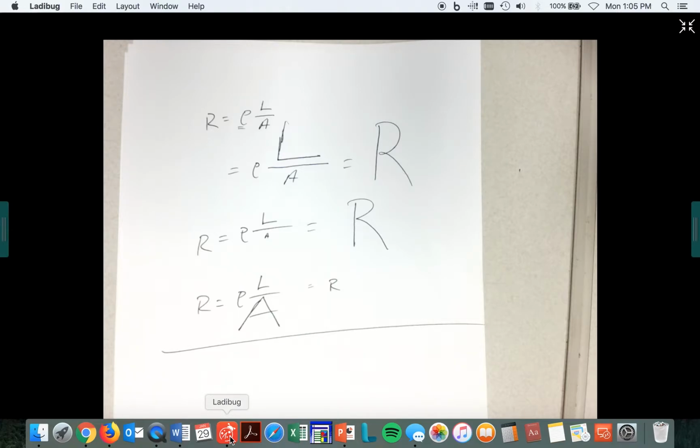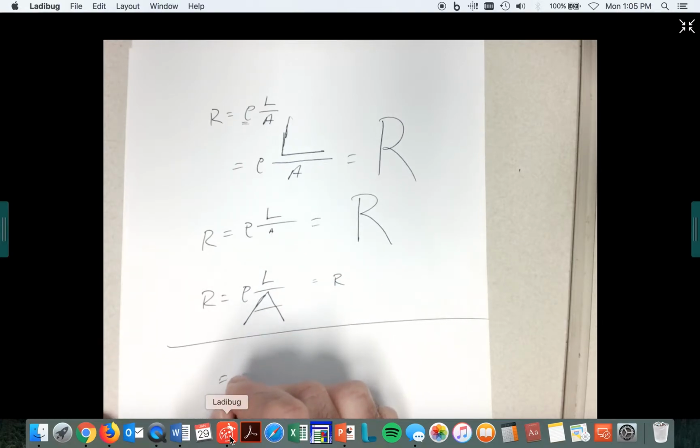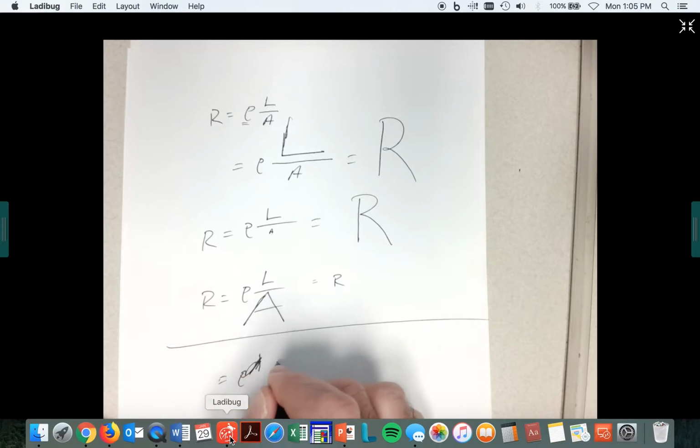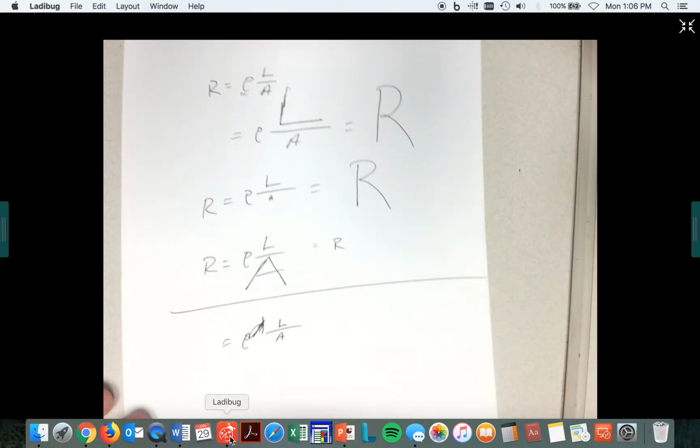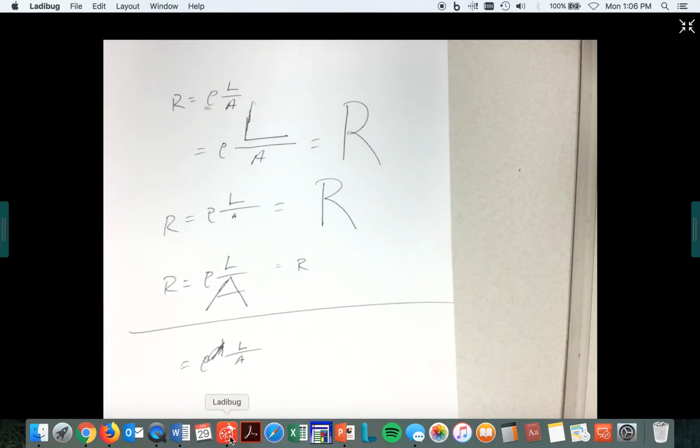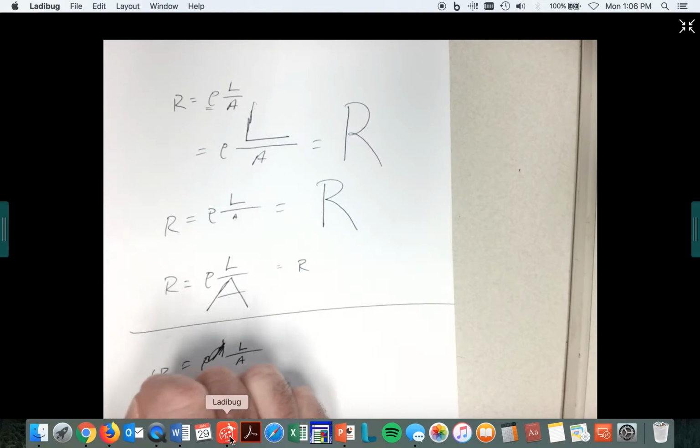They buy a cheap space heater. It's got a probably pretty low resistivity, and then they get a really small cord with an average area, so it's got small resistance. R is small.